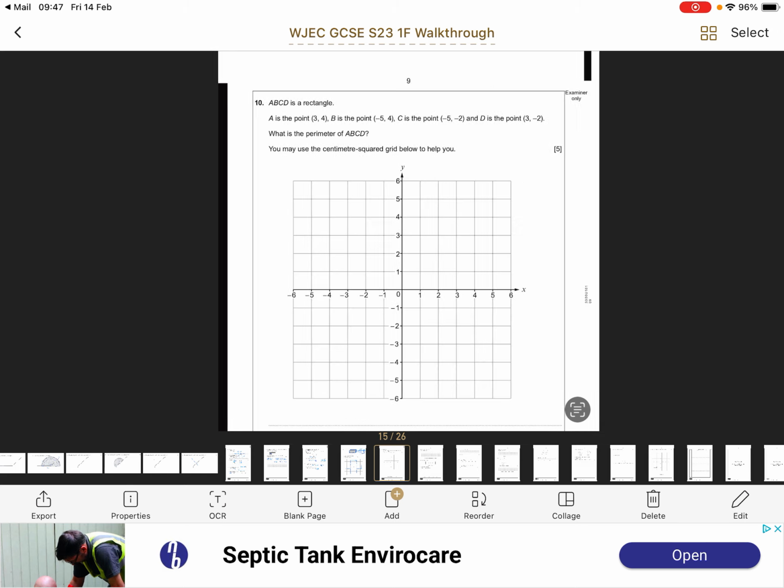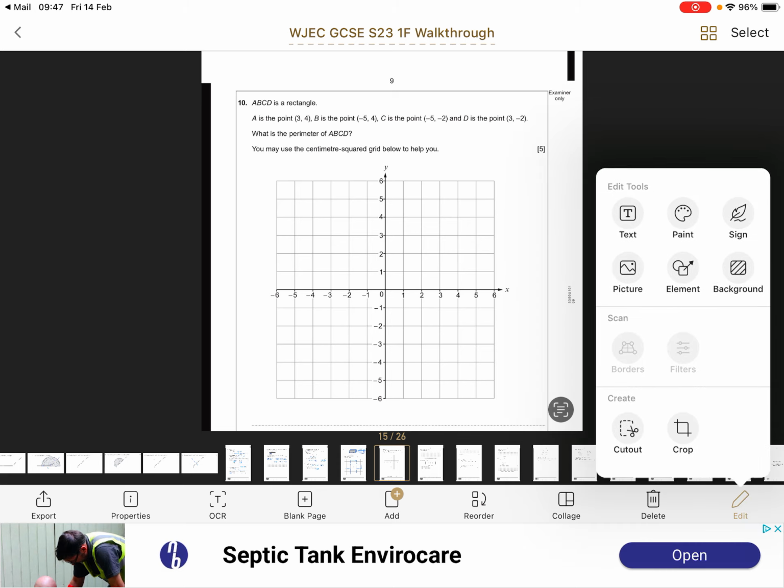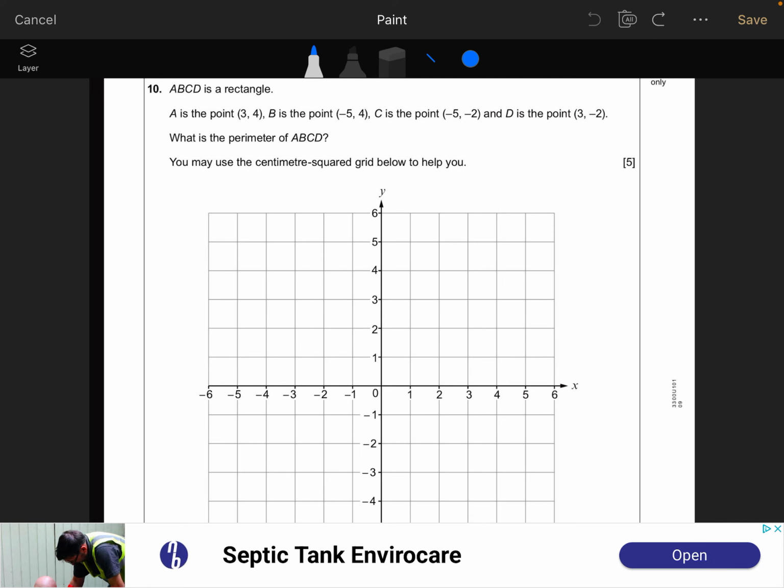So we need to draw on these points. And remembering that when we're dealing with coordinates, the first number is the along and the second number is the up down.